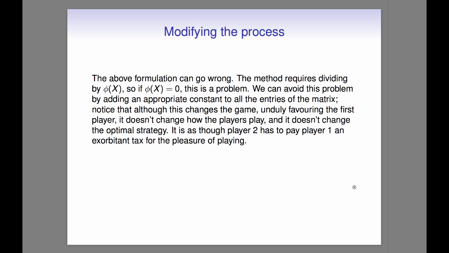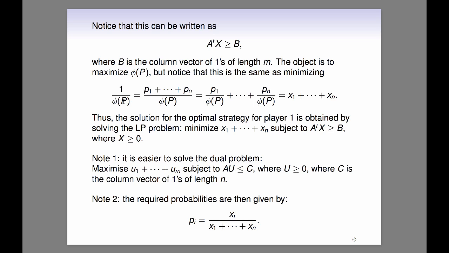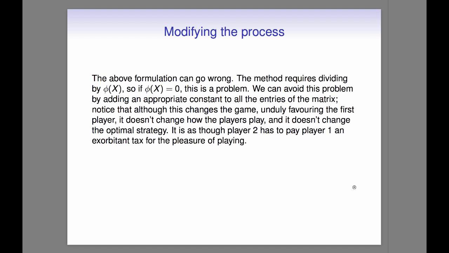Okay, now that's the general process. It's straightforward. Occasionally it can go wrong, and it can go wrong if phi turns out to be 0. You notice, regularly here we're dividing by phi p. If phi happened to be 0, we'd be dividing by 0 and the whole thing would just blow up. So you can occasionally get into trouble, and the idea instead, before you start, is to add a number to all the entries in the payoff matrix.